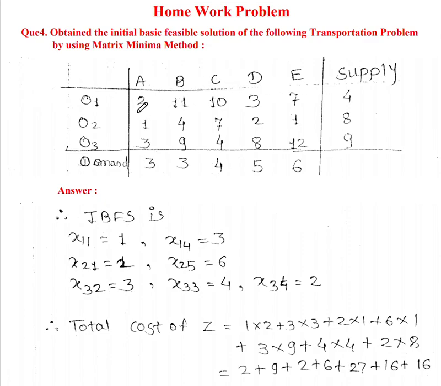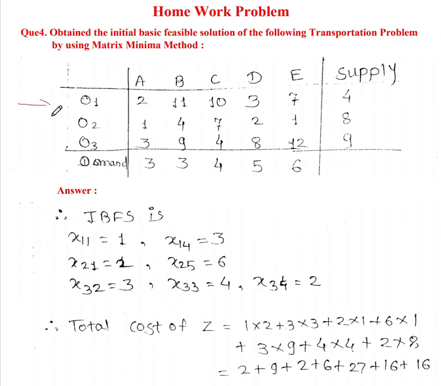This is called a transportation table. You have to find the initial basic feasible solution by using the matrix minima method. I will give you the answer for this table.